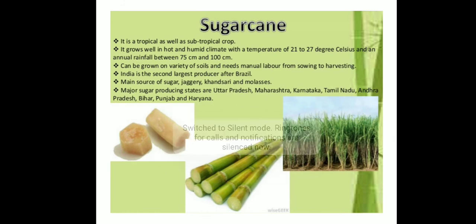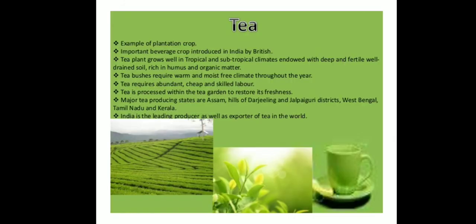After that, we have tea. It is an example of a plantation crop, an important beverage crop introduced in India by the Britishers. That means this crop was brought by the Britishers to our country. Tea plants grow well in tropical and subtropical climates endowed with deep and fertile well-drained soil rich in humus and organic matter.